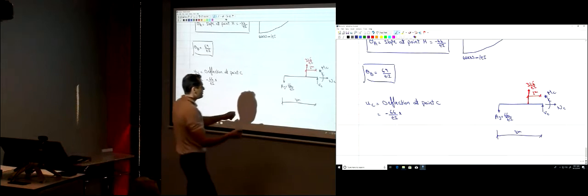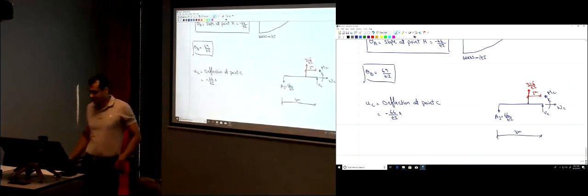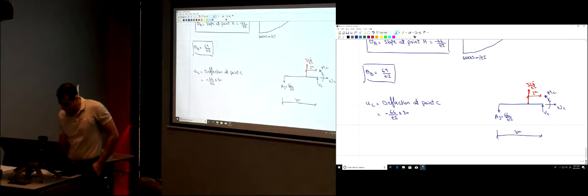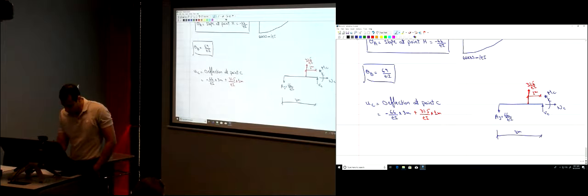Because it's bending the beam downwards. So negative 66 divided by EI times 3 meters plus 31.5 divided by EI times 1 meter. That's MC, the deflection. So that is equal to negative 166.5 divided by EI, and the unit is in meter. So that's the deflection at point C.